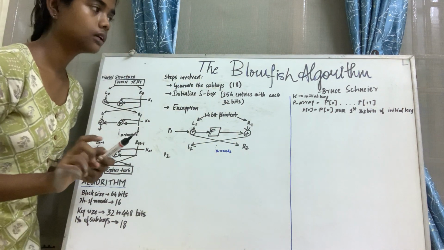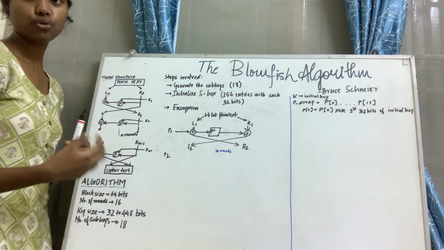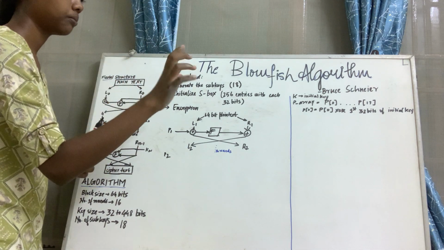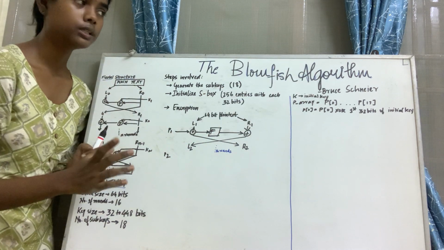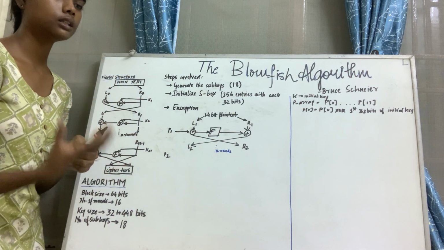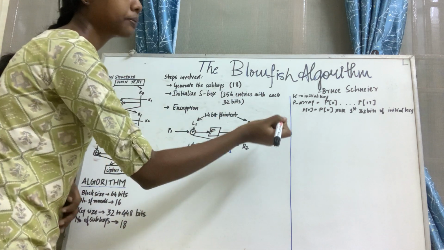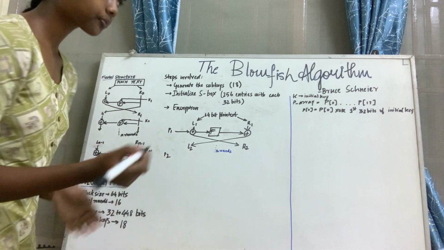Basically the key can be of size 32 to 448, right? So we perform XOR with P of 0 and the first 32 bits of the initial key to get the final value for P of 0. This same thing will happen for all the 18 locations in the array.